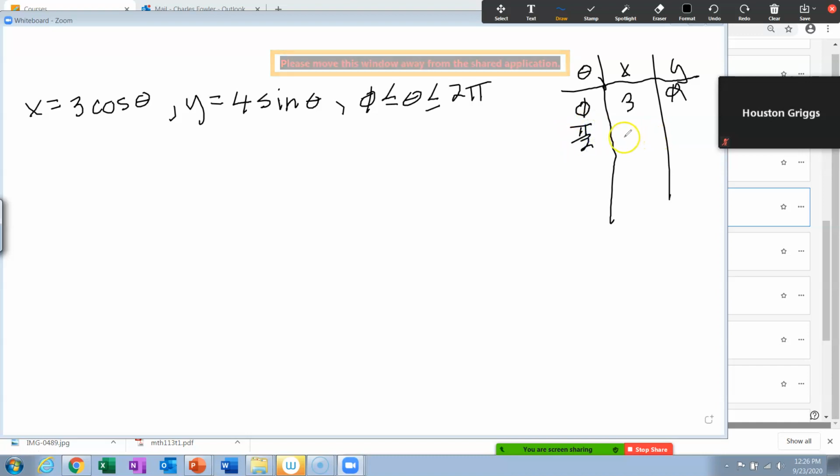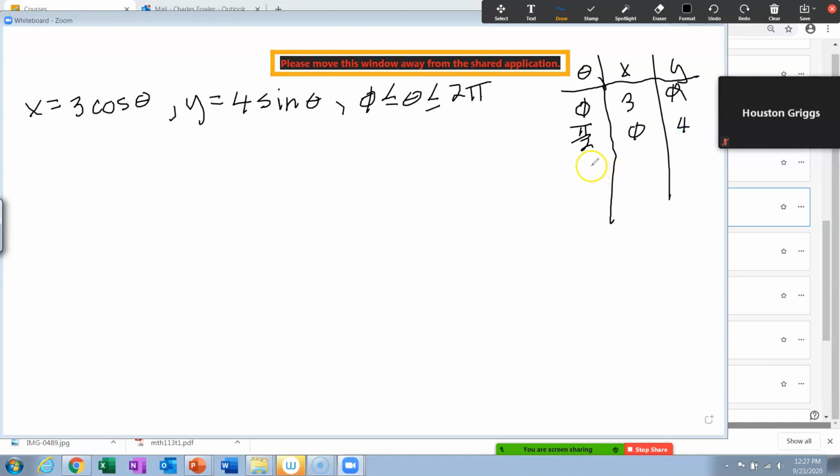What's cosine of pi halves? Zero. 3 times 0 is 0. What's the sine of pi halves? One. Okay. 4 times 1 is 4.